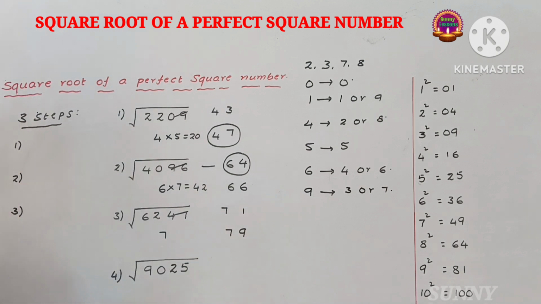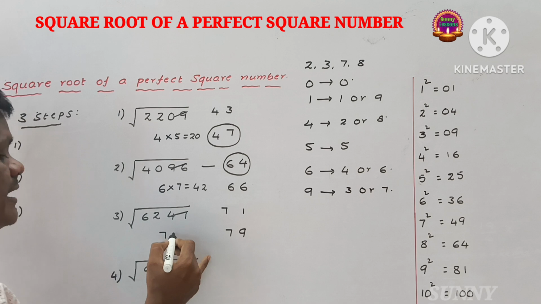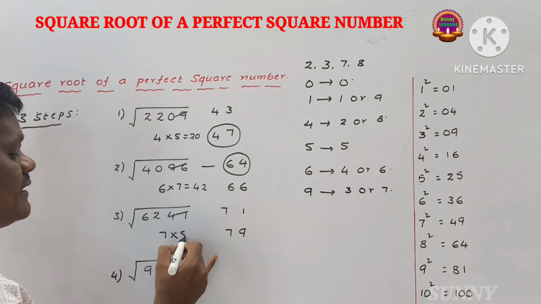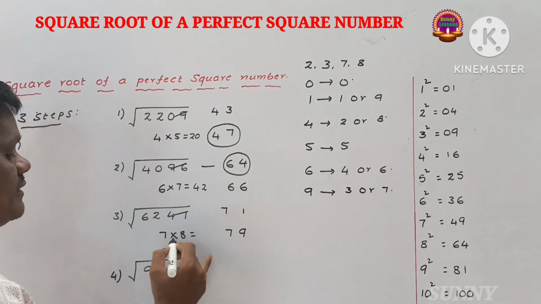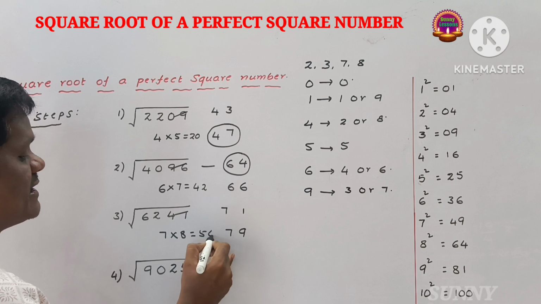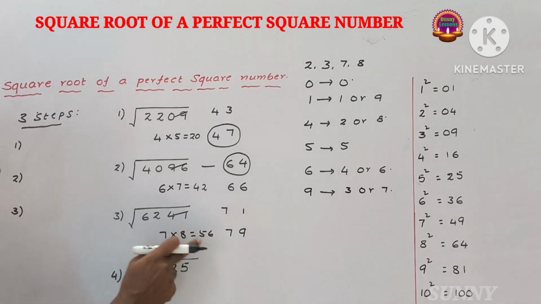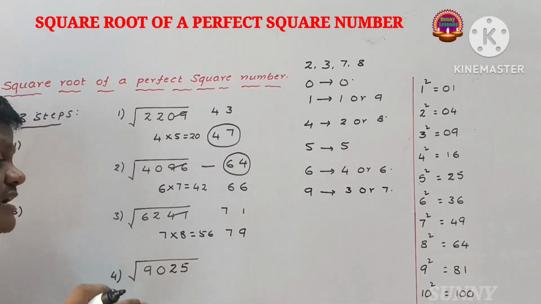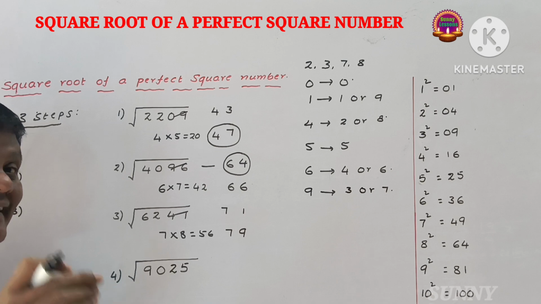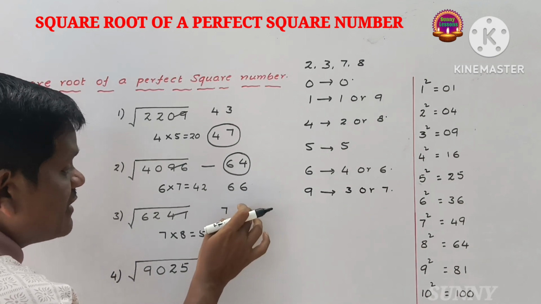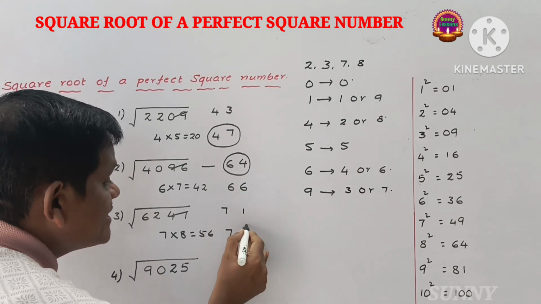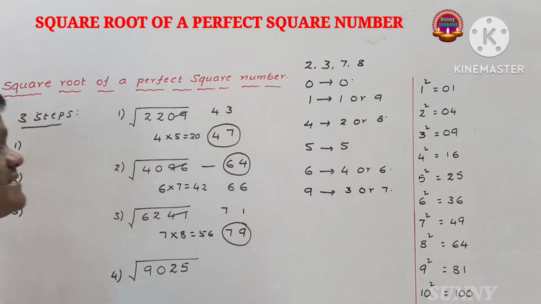The product of 7 and the number immediately after it, 8, is 56. Yes, 62 is greater than 56. So our answer is the greater one. Which is greater, 71 or 79? 79 is greater. So our answer is 79.